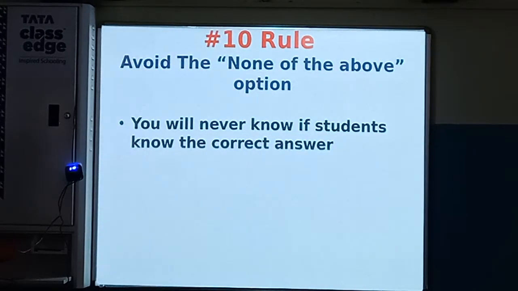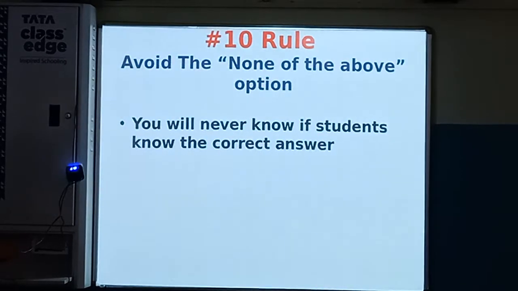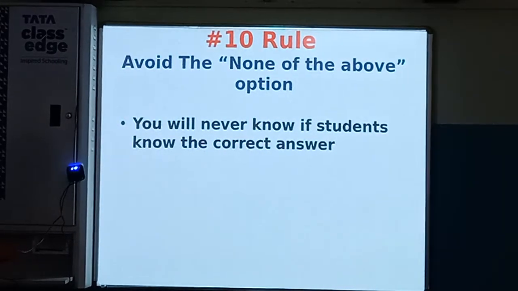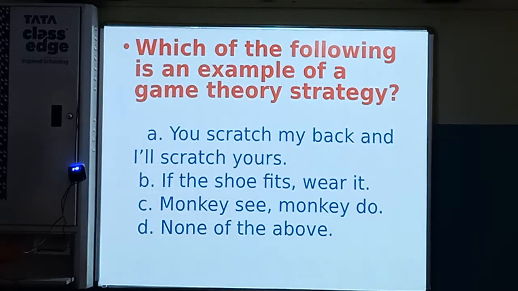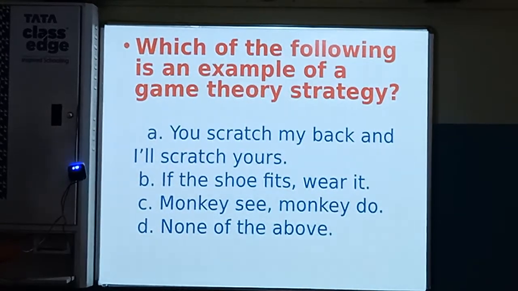Next, avoid the none of the above option, all of the above also, none of the above also. Avoid such types of options in multiple choice questions, because we will not be able to know whether the student is giving the correct answer or not. Let us see the example. Which of the following is an example of game theory strategy?